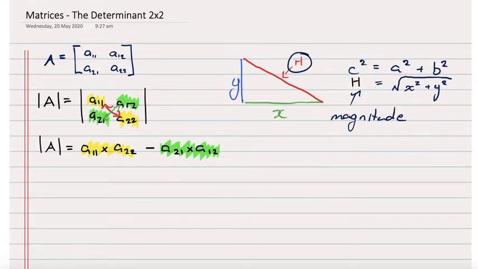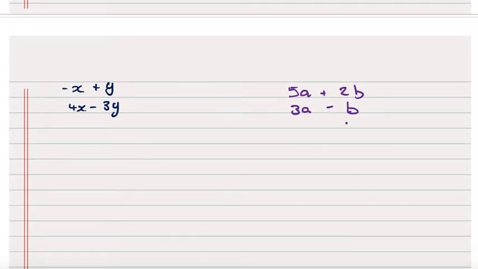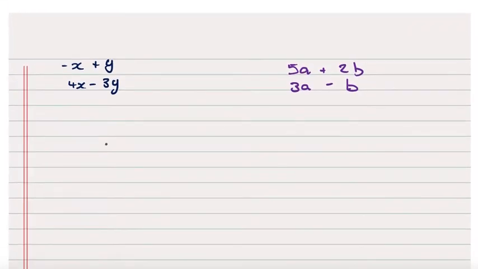Now going on to something a little bit more concrete, consider down here we've got two systems of expressions. If we want to write this one as a matrix, the coefficients are -1 and 4, and 1 and -3, with x and y as the variables.